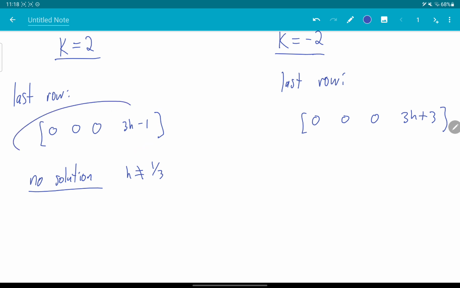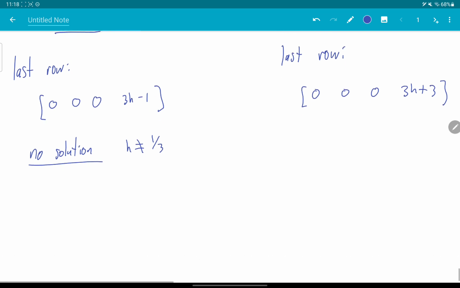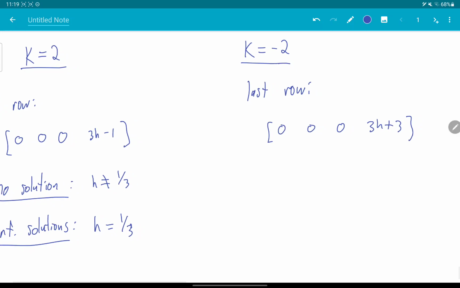So I'll have one of these rows that gives an inconsistent system. And if h is equal to 1/3, then I'll have infinite solutions. Okay, let's put that aside for a moment and go look at the case k equals -2.